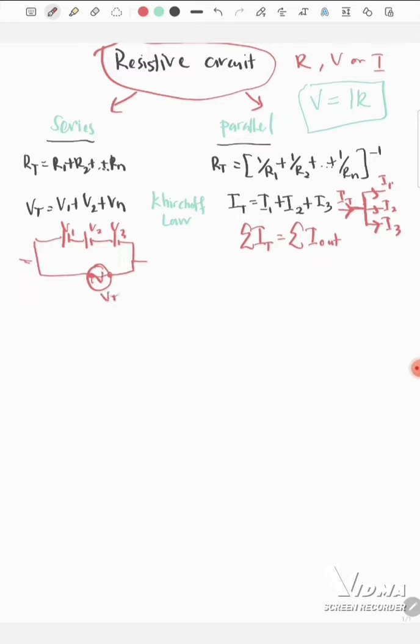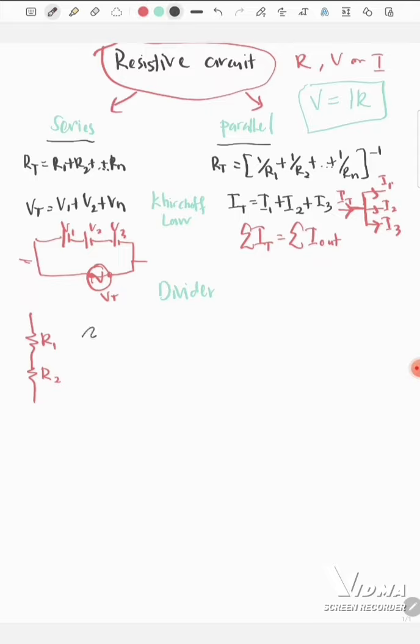Okay, and then the next one you learn is the divider. How you divide the different voltage and current. Okay, let's say I have 2 resistors in series, and I want to find the V across R1 only.